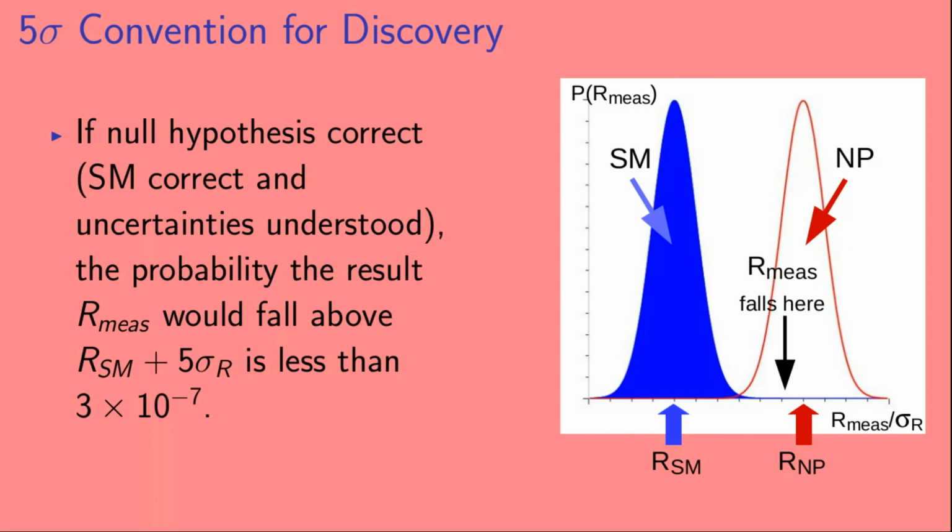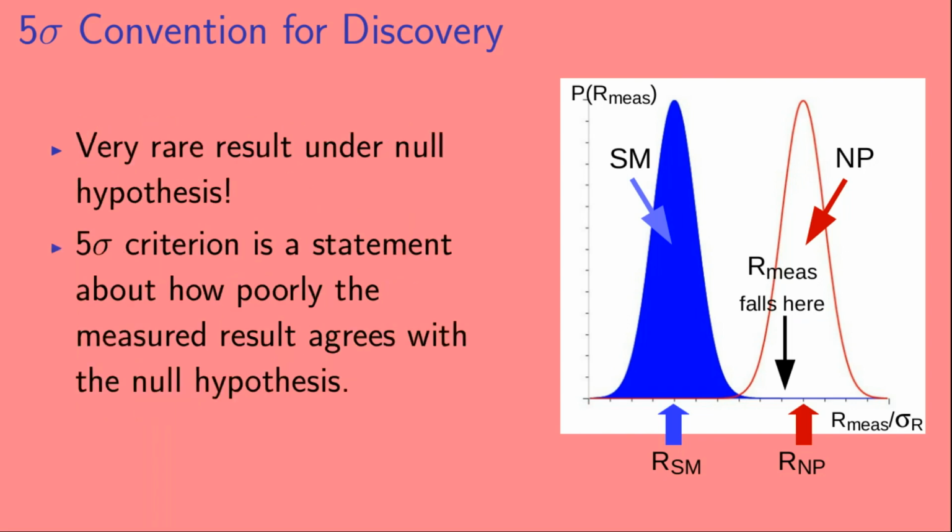The rest of the time it would fall below this somewhere in the area shaded in blue. Now this is a very rare result under the null hypothesis. The 5 sigma criterion is a statement about how poorly the measured result agrees with the null hypothesis.